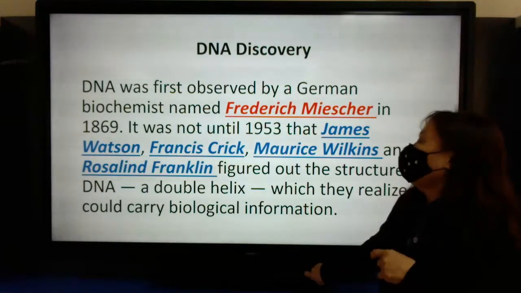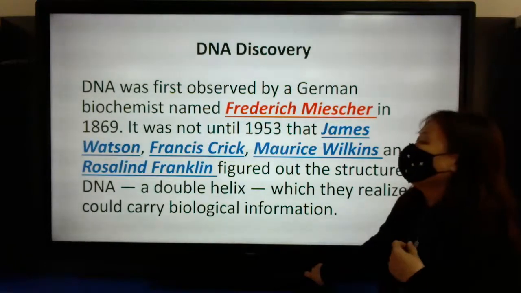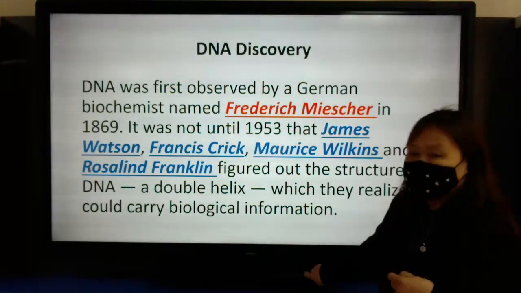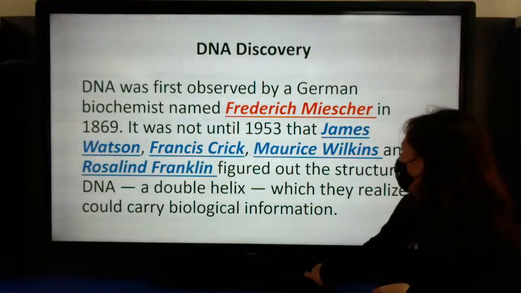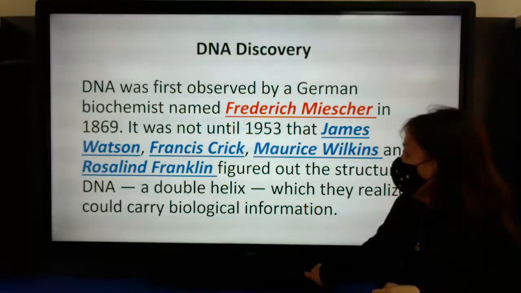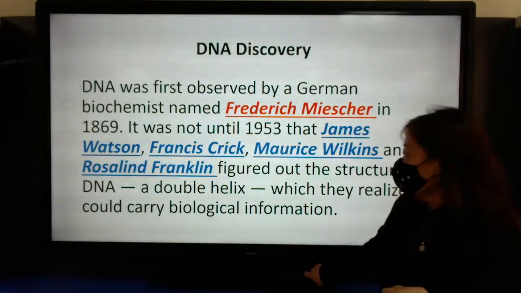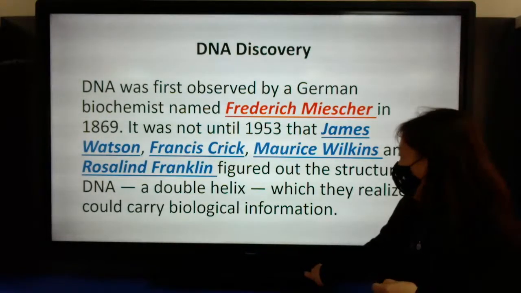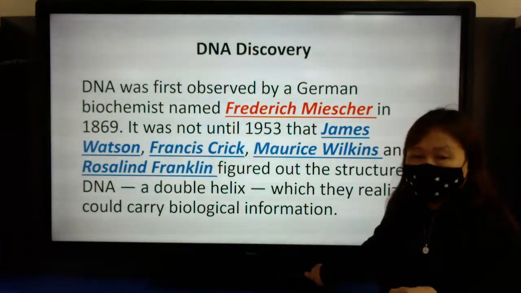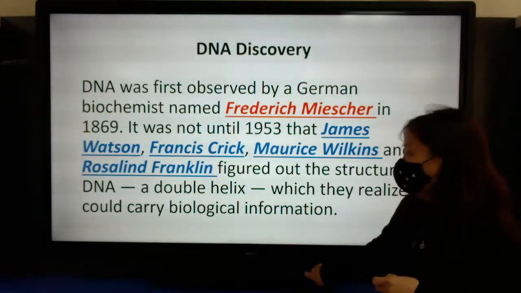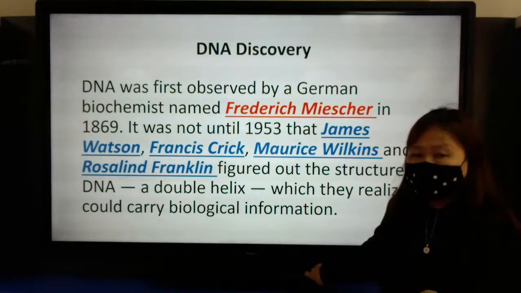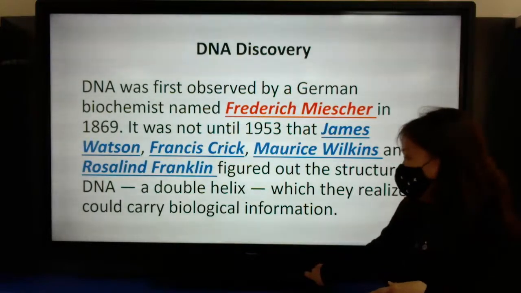And later on, the model of the DNA was developed in 1953 by James Watson, Francis Crick, Maurice Wilkins, and Rosalind Franklin. This group of scientists figured out the structure of the DNA molecule, which is a double helix. I will show you later how the double helix structure looks like.